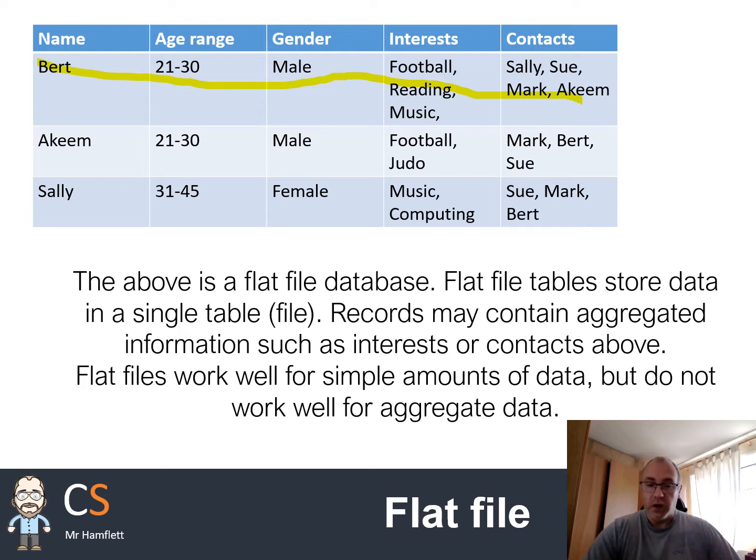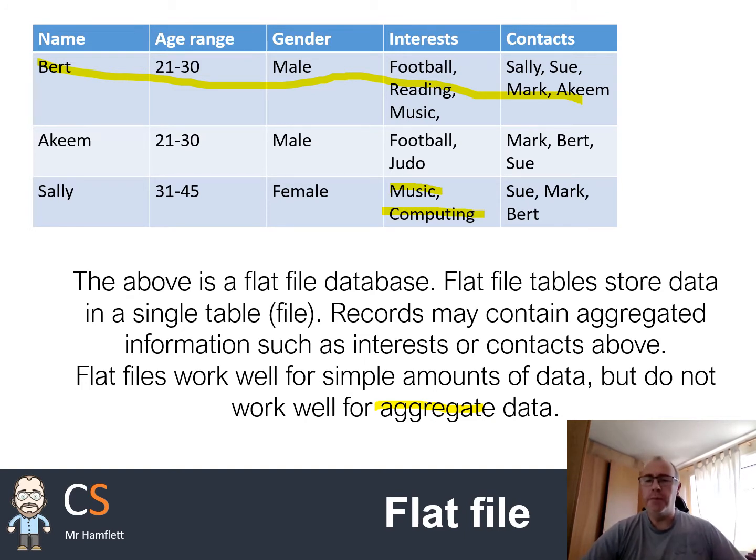On this PowerPoint, I've got the words aggregate data, and that's actually a really important term to use. It's not an English word that you use very often, so I know some students will kind of go, what on earth are you talking about, aggregates? Aggregate is essentially where we have more than one piece of information put together, aggregated together. So here I've got interests, so Sally's interests are music and computing.